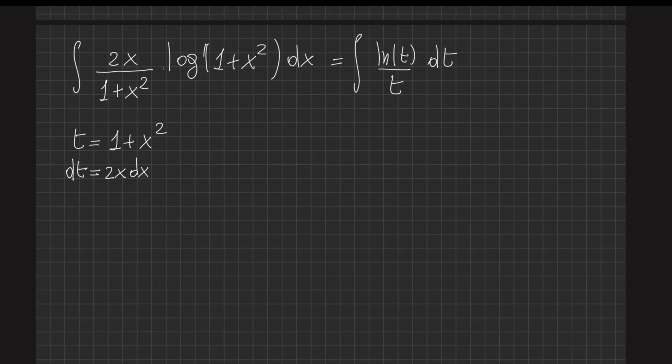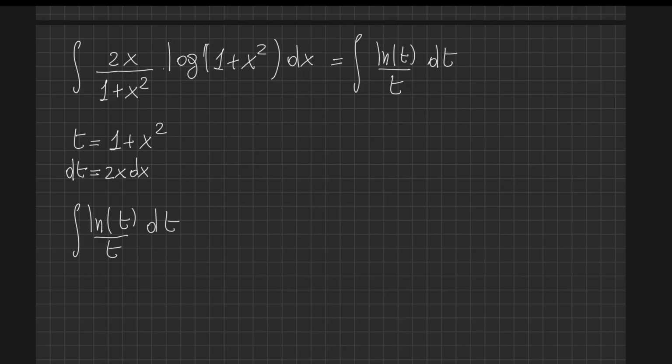And this is an integral that we cannot do directly, but we can use a substitution also in this case to solve it. Let's write it down here again. So this is the integral of the log of t divided by t in dt.